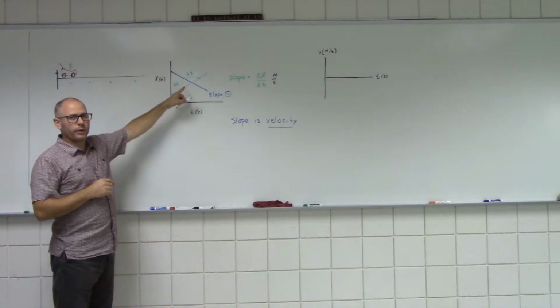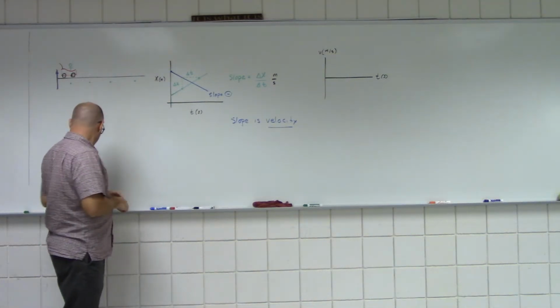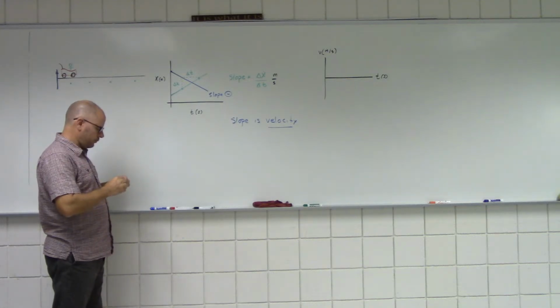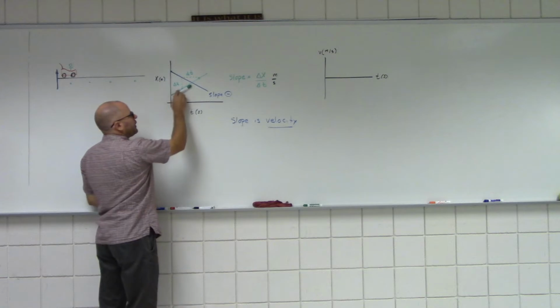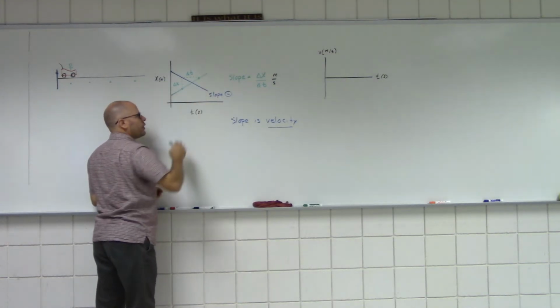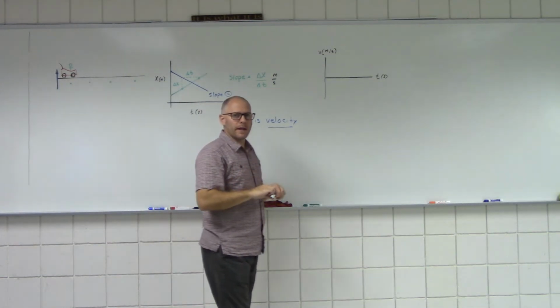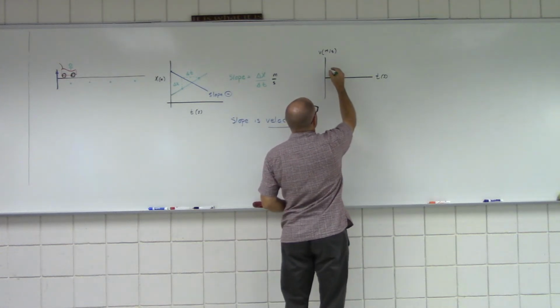Well, let's talk about the slope of the green line. The green line is straight. If I put my slopometer on here, what we'll notice is that the green line slope never changes. So the slope is constant, which means the velocity is constant.